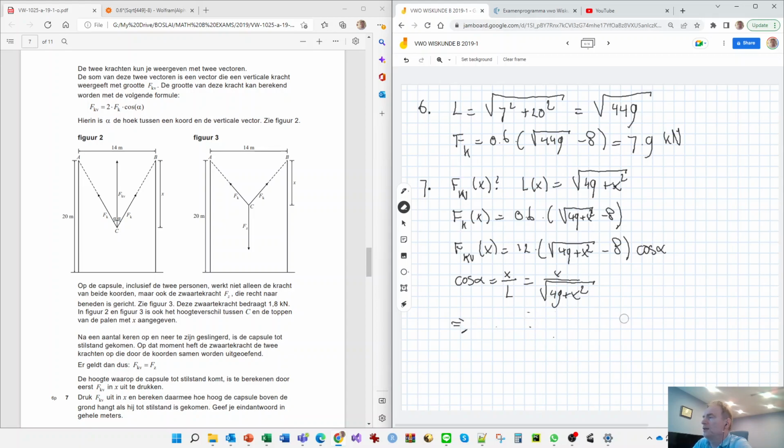Oops, the lag is terrible. The Fkv of x, the final expression, is then the very ugly equation of 12, well, I just write it out.